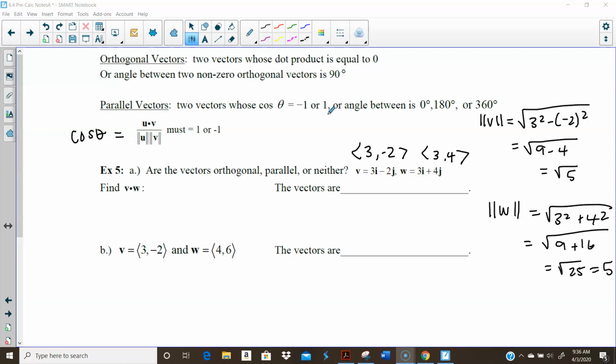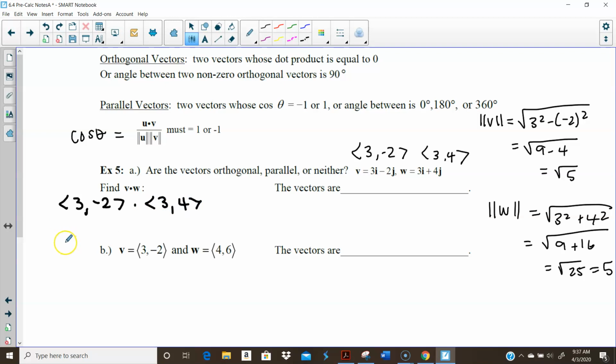The dot product is simple, so V dot W is going to be, we're going to take vector V, which is 3i minus 2j. Don't let the i's and j's throw you. Just write it in component form. The horizontal part is 3, and the vertical part is -2. Dot 3, 4.